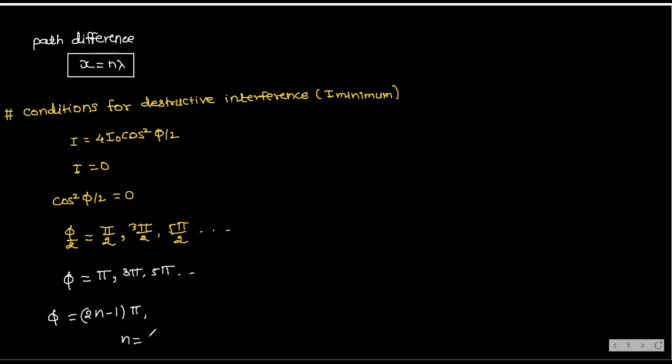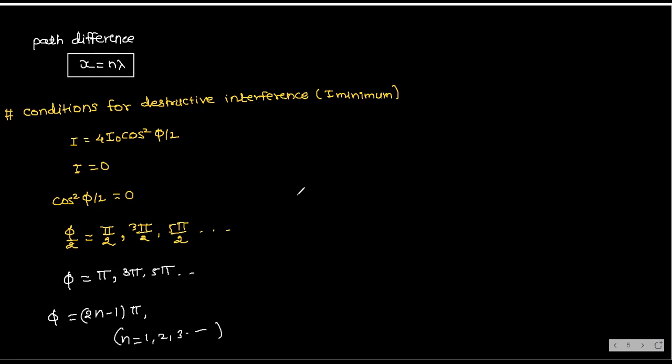N is equal to 0? No, 0 is not possible. We will keep 1. 0 means you are getting minus. It should not be minus. Okay, so we take 1 only, direct from 1 to 3. So n is equal to 1, 2, 3 and so on.